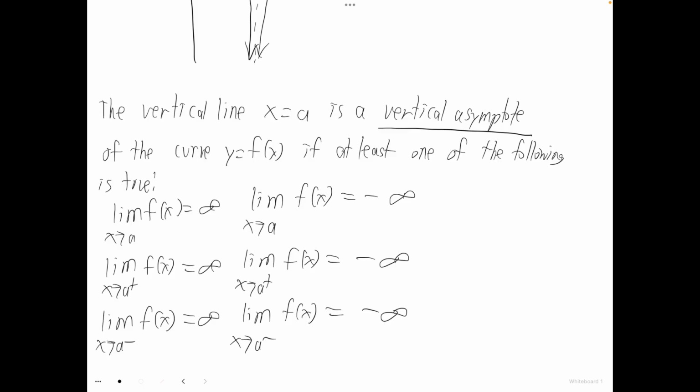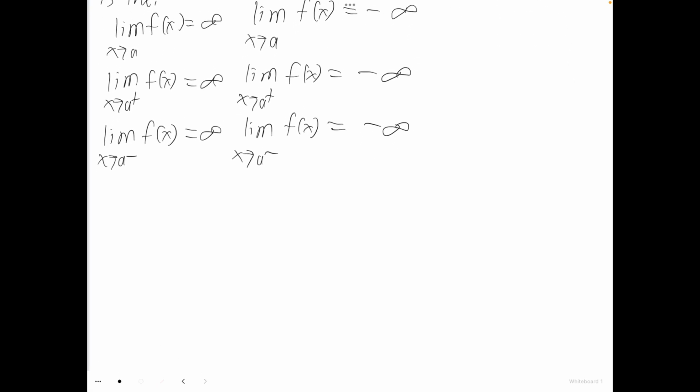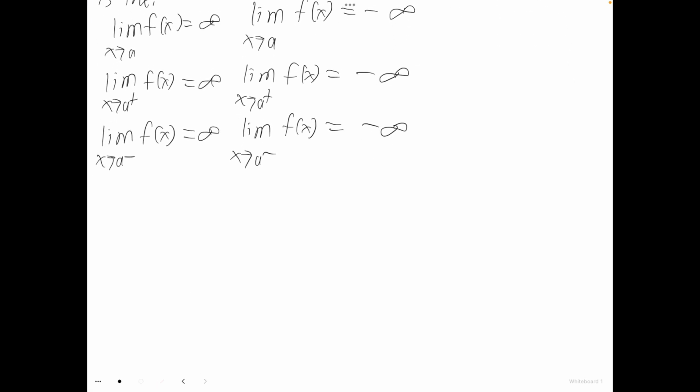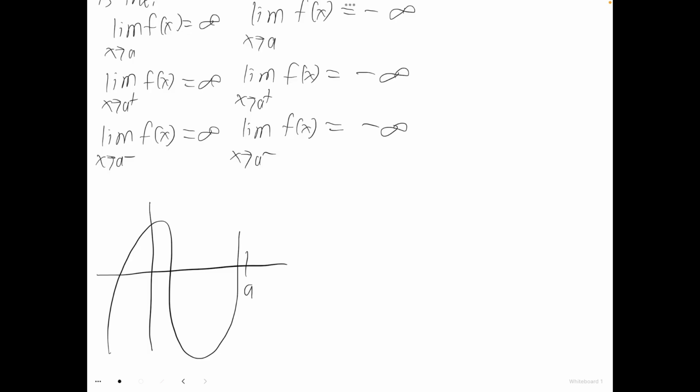And so we don't care if the two-sided limit actually does it. We only care if at least one of the one-sided limits goes towards positive or negative infinity. Graphically, we have things like the following happening. We could have some point a where the function is doing any number of things, but it's approaching infinity from the left.